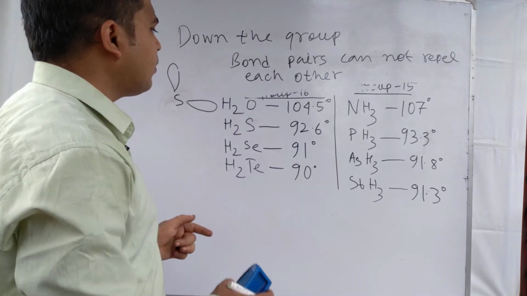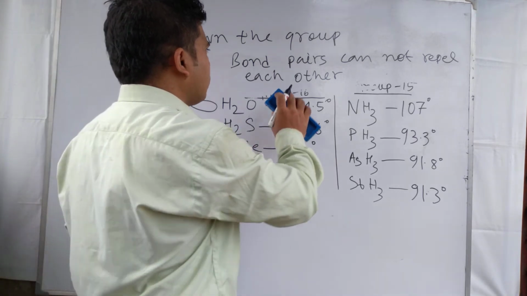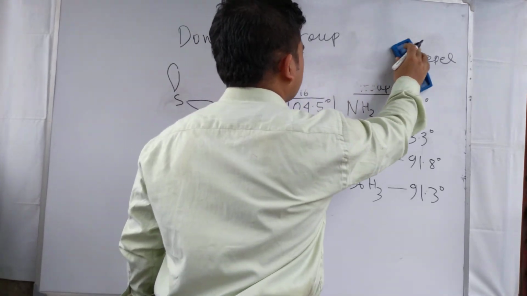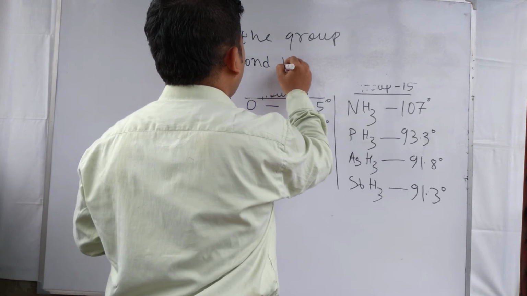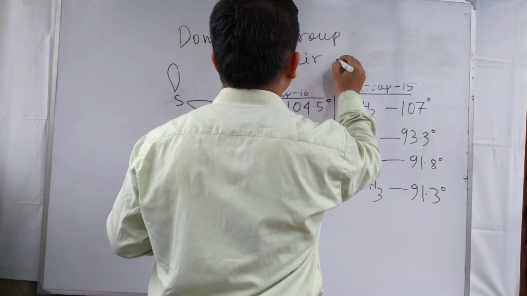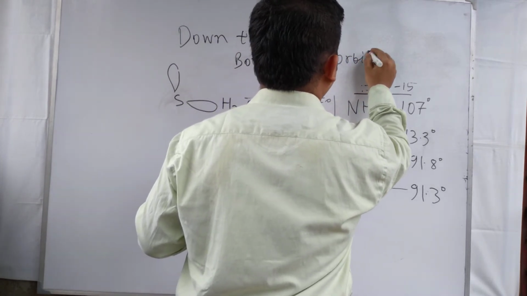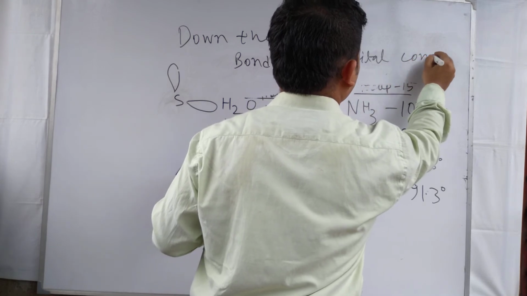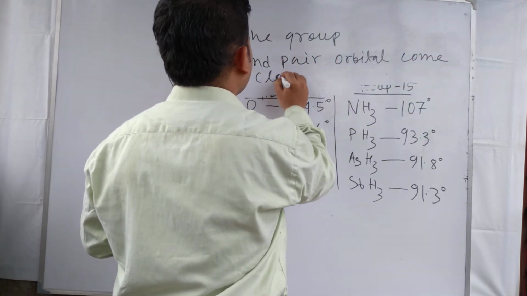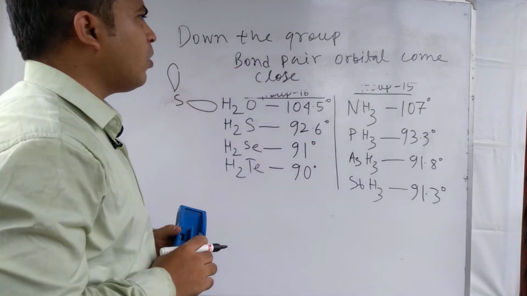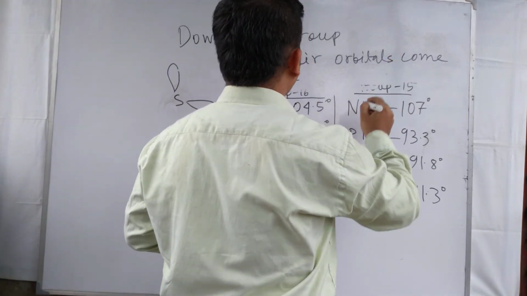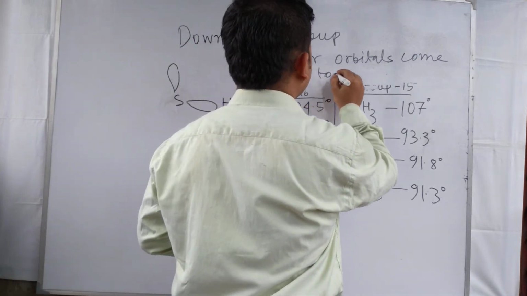So for this reason, the bond pair orbitals come close together.